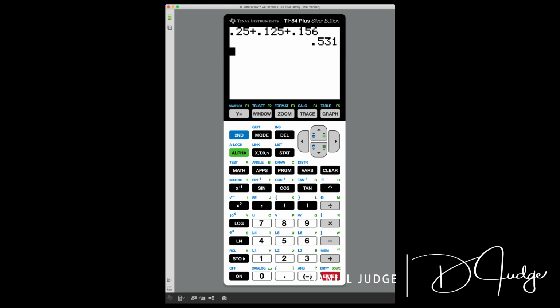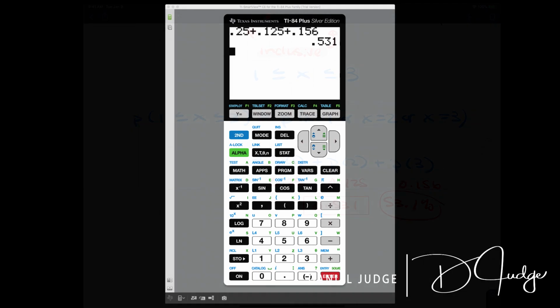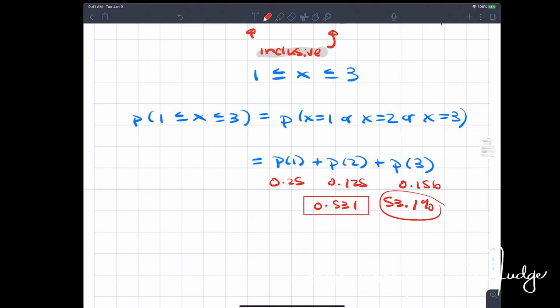And ladies and gentlemen, some of you guys answered like 5 minutes ago. 0.531. And if you answered 0.531, looks like you're correct. Okay. And that's 53.1%. So 53.1% of people have between 1 and 3 children.